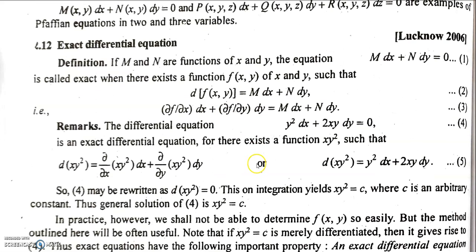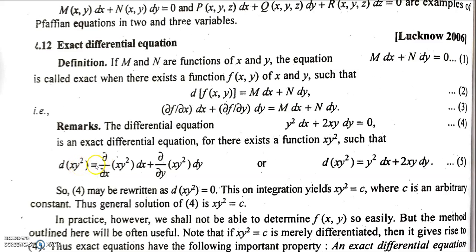Now consider this differential equation: y square dx plus twice xy dy equal to 0. Is this differential equation exact or not? How can we check? If we take x y square and take the differential, this is d of a function of two variables.